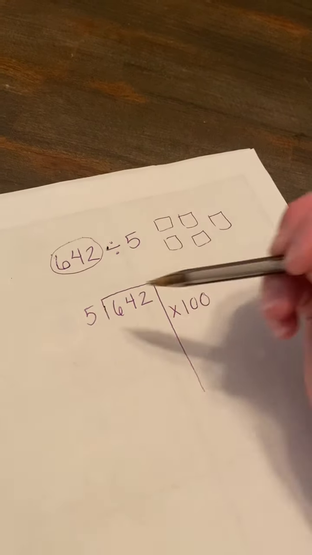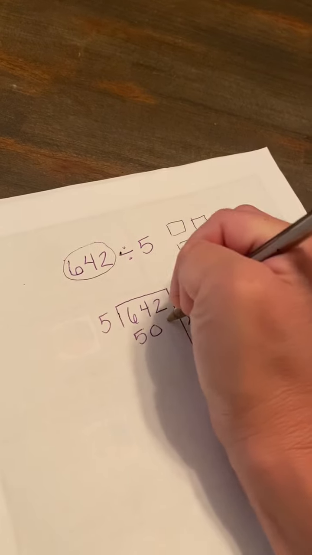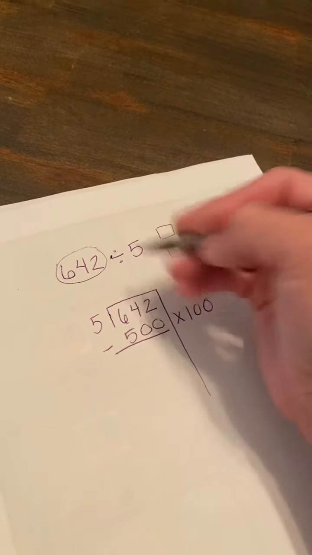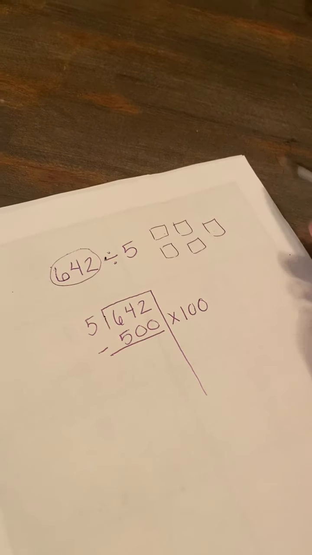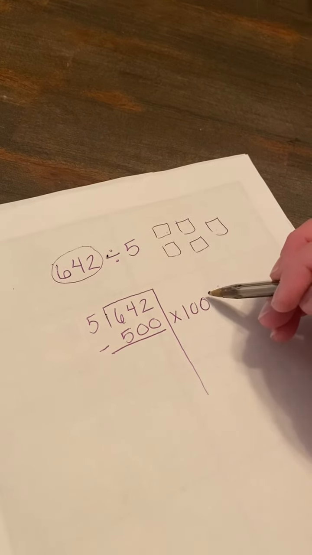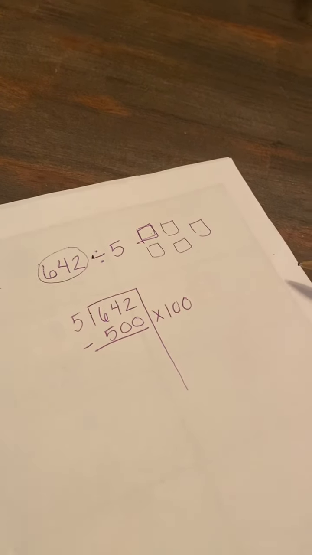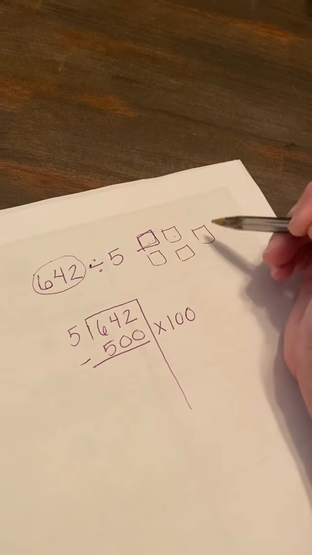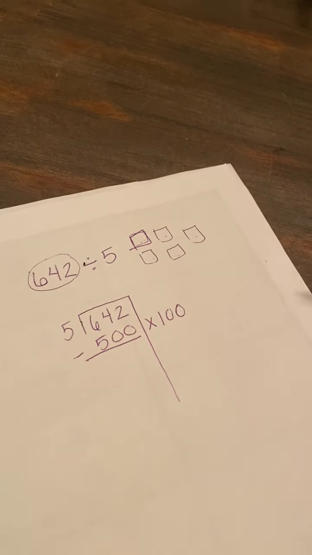So if I had 100 5s, that's 5 times 100, I actually have 500. So I can at least know that each of these boxes is going to receive at least 100 into each of them, right? Because that'd be 100, 100, 100, 100, 100, that's 500. So each of them will get 100.